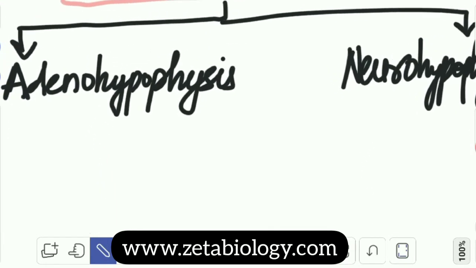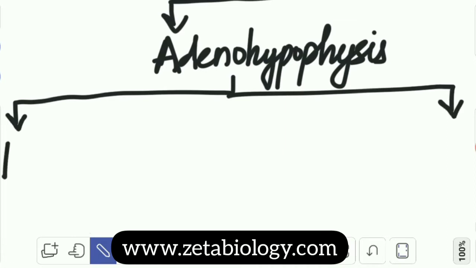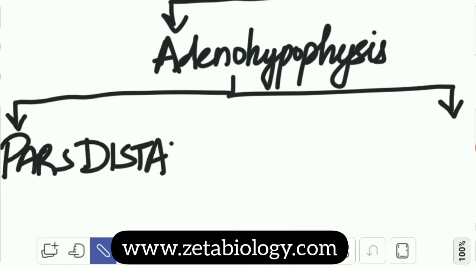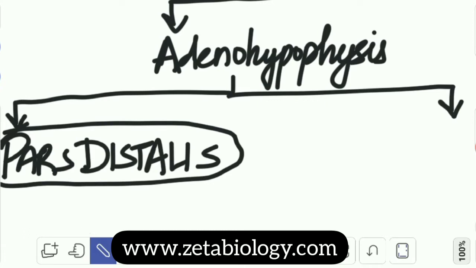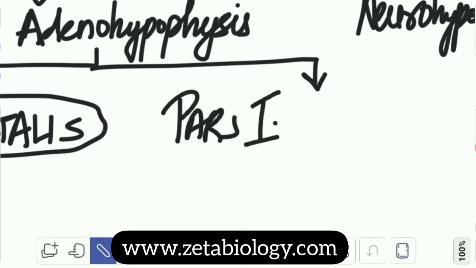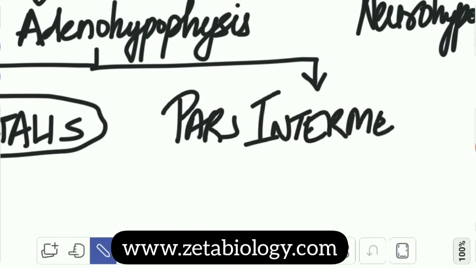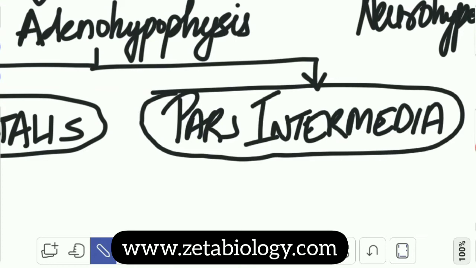Adenohypophysis is further divided into two parts: pars distalis, which is the anterior pituitary, and pars intermedia. This is the middle pituitary.